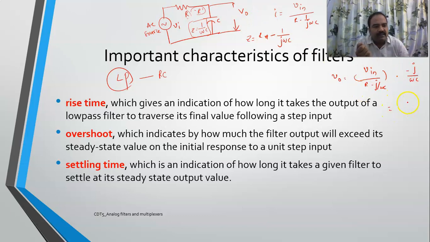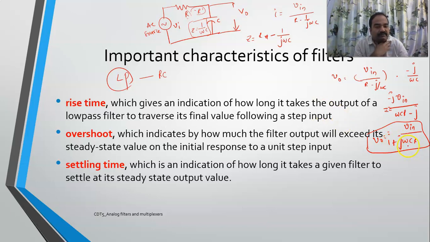So if you carefully see what I will be getting here, this is minus j V input by omega C, R minus j, right? Somewhere around like this. So this is my output voltage, V input by 1 plus j omega CR.